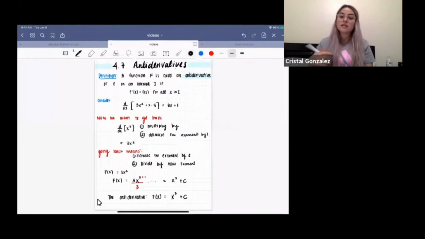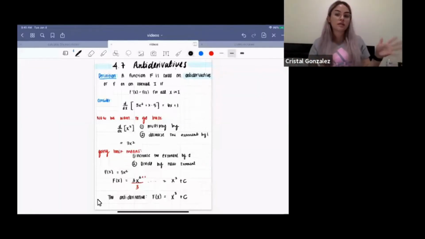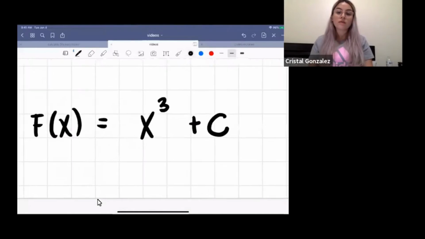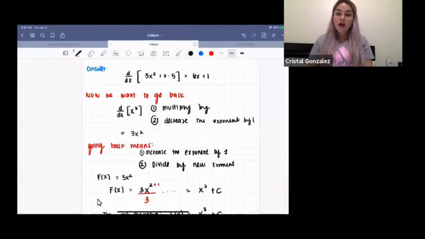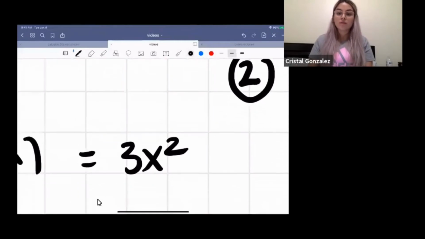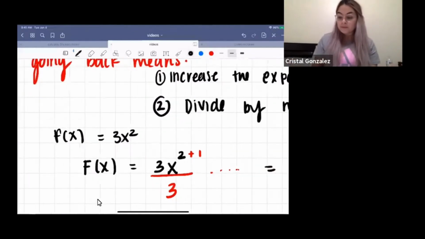And that's because c could be any constant. Let me specify that, not anything, it has to be a constant. No matter what, if I take the derivative of capital F of x, I will still get 3x squared, because that constant, when we take the derivative of it, is just 0. So nothing really happened there.